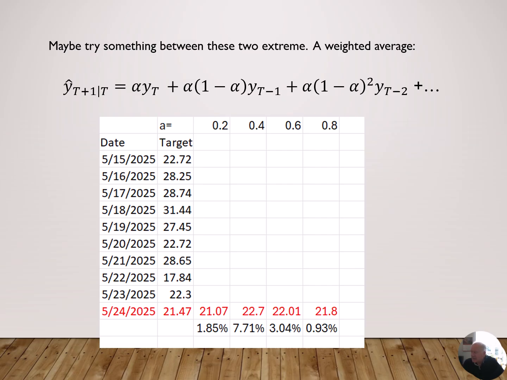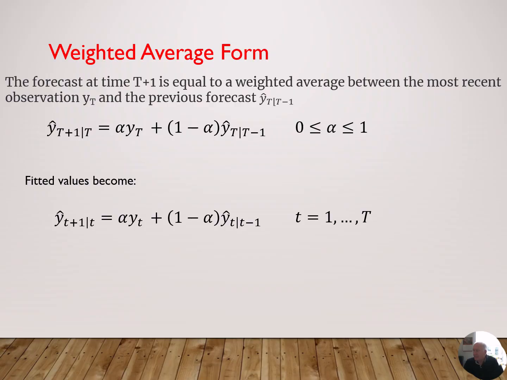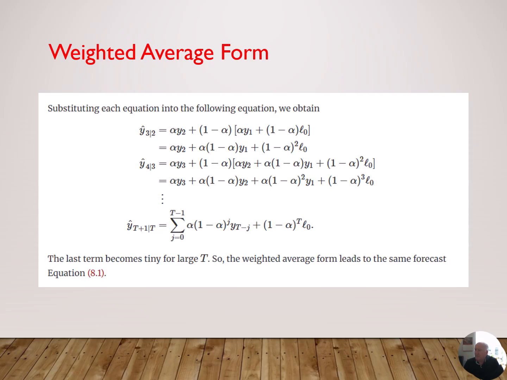So we can see the percent difference between these. This weighted average, we see what the form is. And if we use only the most recent value, then we end up with the naive value again.